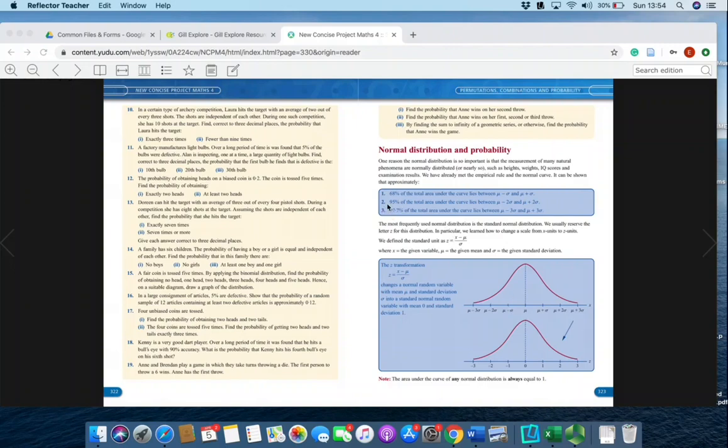I can then say, so point 2 of the empirical rule, 95% of the total population is between this point and this point. In other words, up 2 standard deviations, down 2 standard deviations. And in a similar way, I can say 99.7% of the population is plus or minus 3 standard deviations.